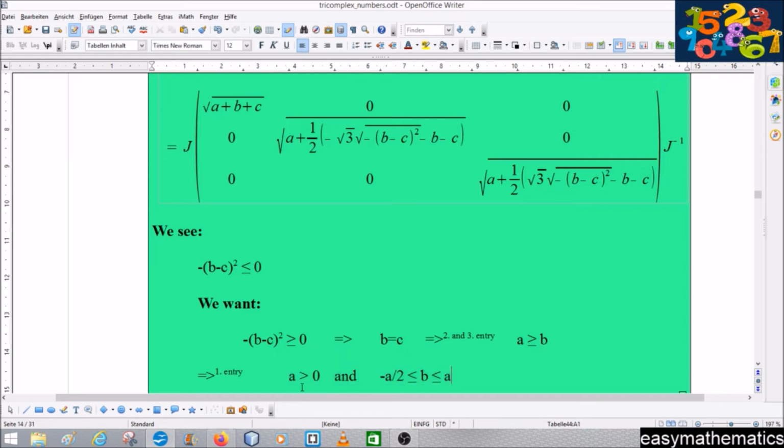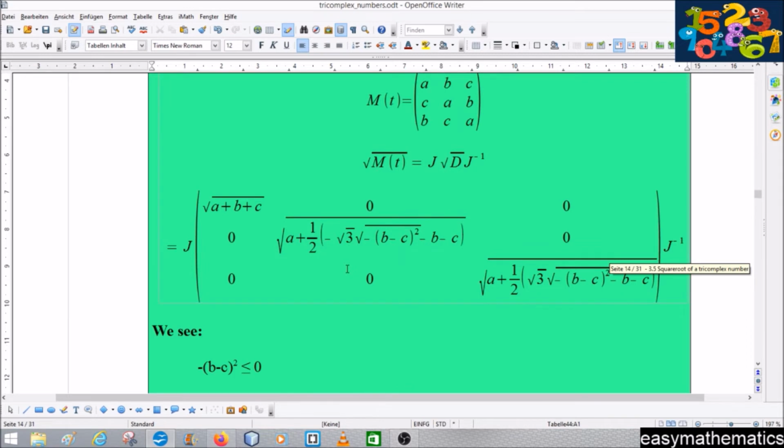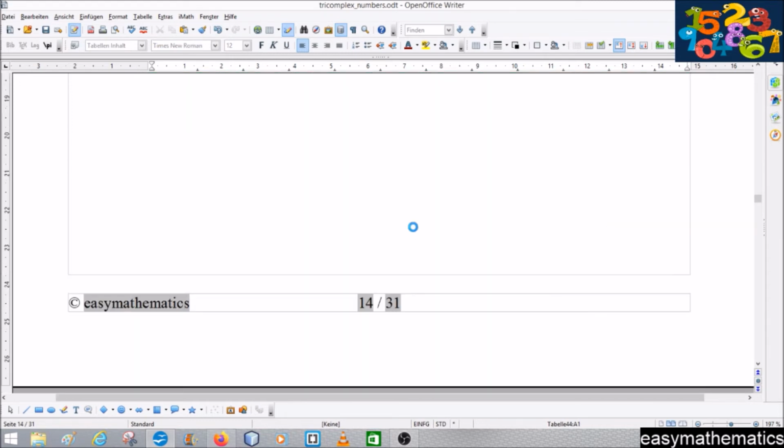If this condition is not satisfied, then we see we need the complex numbers. Okay. Yeah, here it's a nice exercise to determine the eigenvalues of these matrices. Yeah, have fun with this. This proves our theorem.